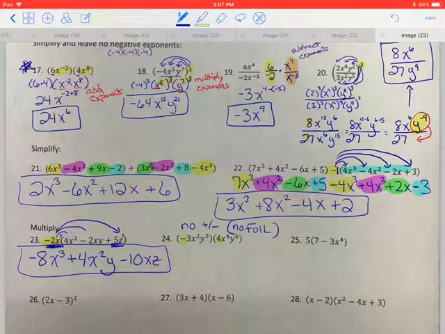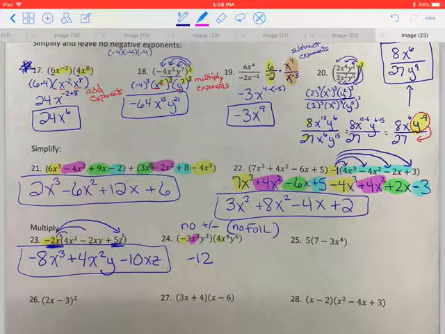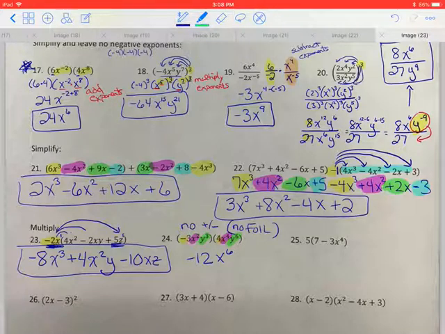So negative 3 times 4 is negative 12. And then for my x's, I'm going to keep the x and add the exponents. So that's going to be x to the 6th. And then if I look at the y's, it looks like 3 plus 6, and I'm going to get y to the 9th. So that problem is just like number 17. Just has one extra letter in there.